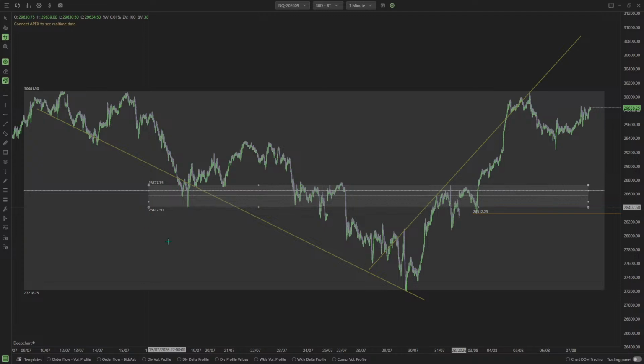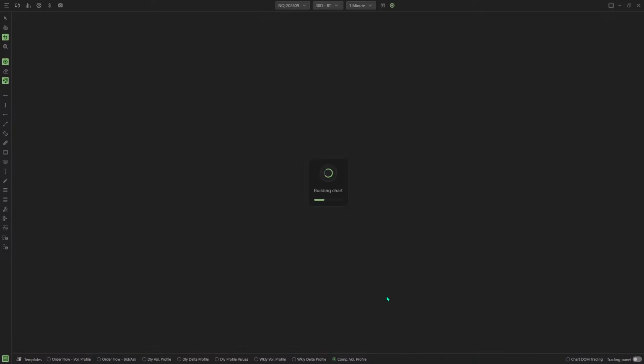Here. That look like the middle? Eyeballing it does. Let's look at a volume profile. And let's make it composite.